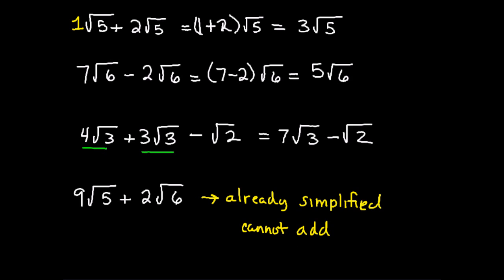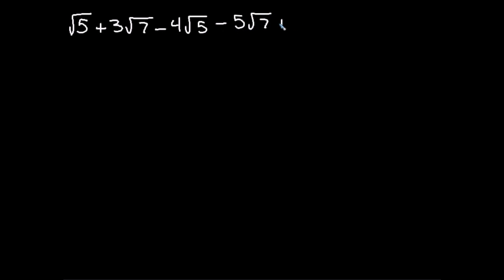Sometimes we'll have some addition and subtraction in the same problem. So, for example, if I have the square root of 5 plus 3 times the square root of 7 minus 4 times the square root of 5 minus 5 times the square root of 7 plus 3 times the square root of 6.